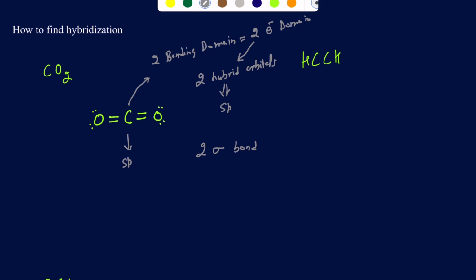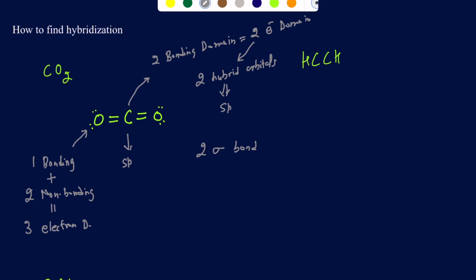I can also figure out the hybridization for these oxygens. Oxygen has one bonding domain, that's on the right side in this case. Even if you have a double bond or a triple bond, you still consider that as one bonding domain. But in addition to one bonding domain, the oxygen actually has two non-bonding domains, or you can say two lone pairs on that oxygen. So that gives me a total of three electron domains.